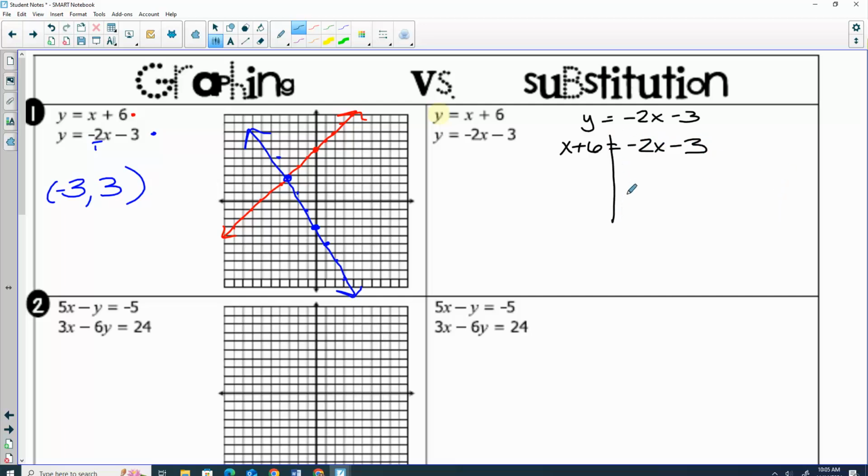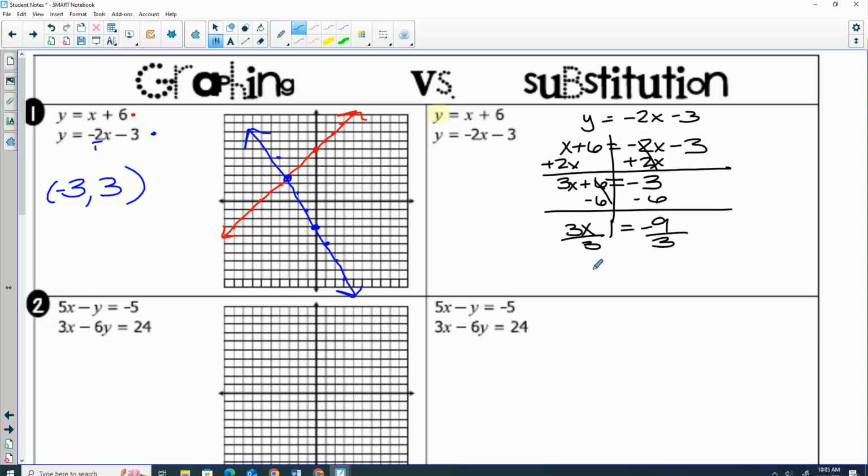If you need to, draw a vertical line so you can keep your stuff lined up. So we add our 2x. This is 3x plus 6 equals -3. We subtract our 6. 3x equals -9. Divide by 3, and x is -3.